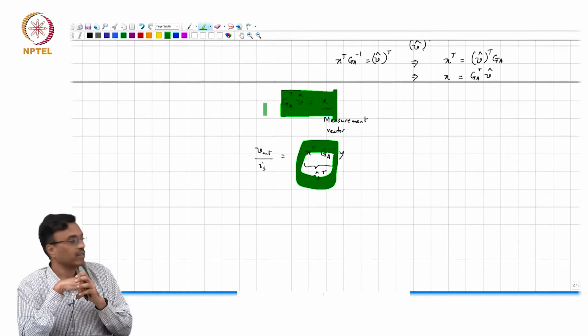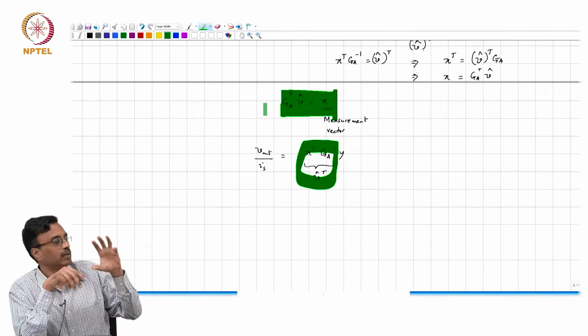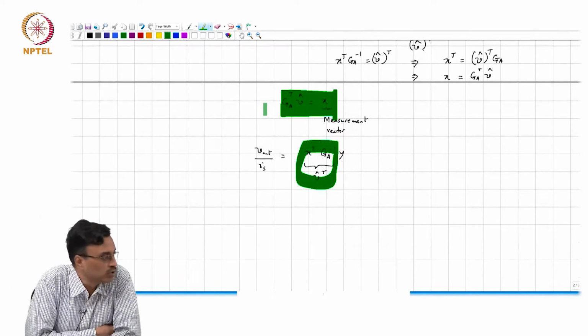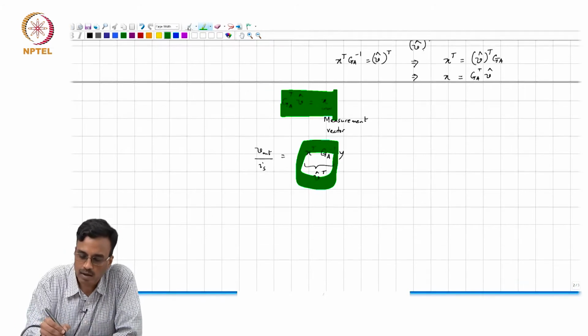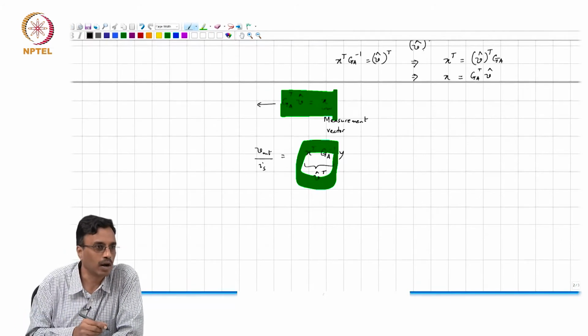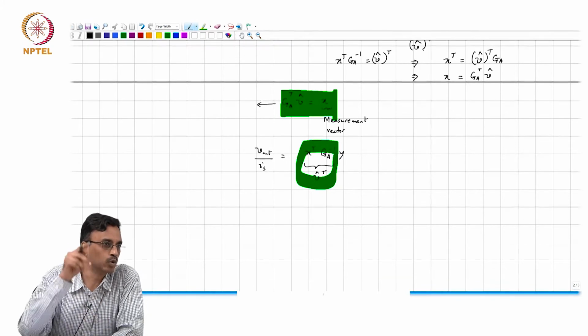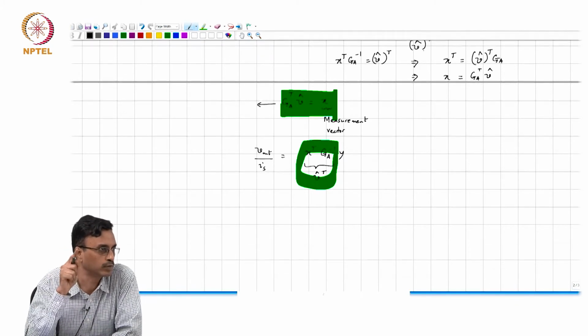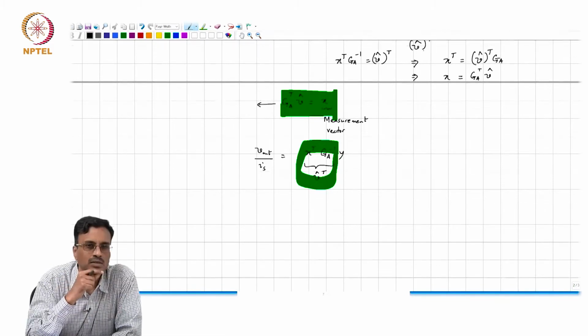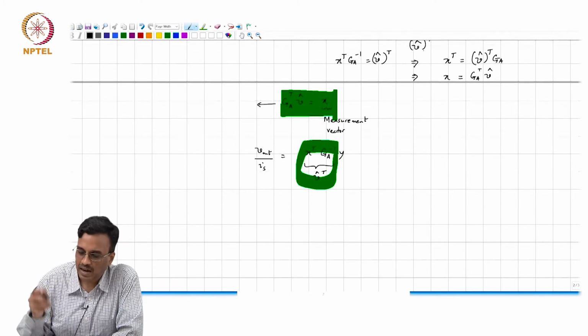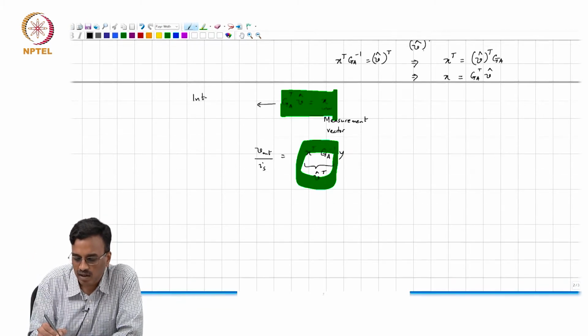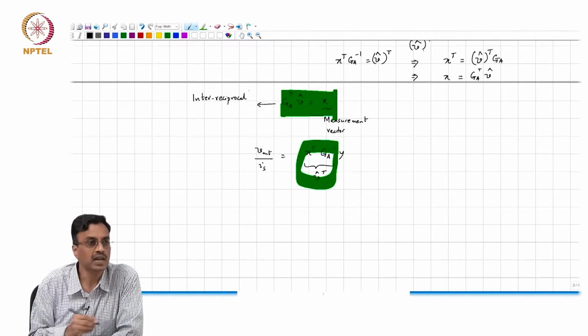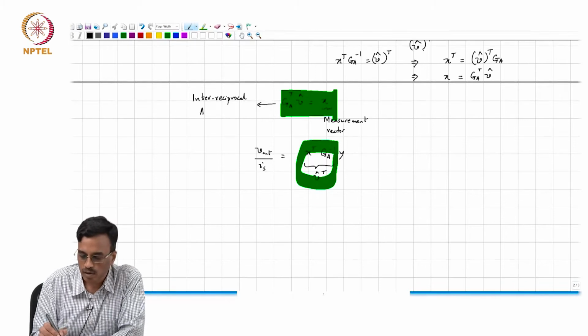So we form a network whose MNA matrix is the transpose of the original network. What do you call that network? It's called either the inter-reciprocal network or the adjoint network.